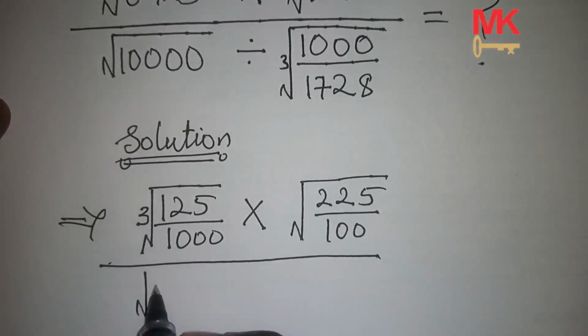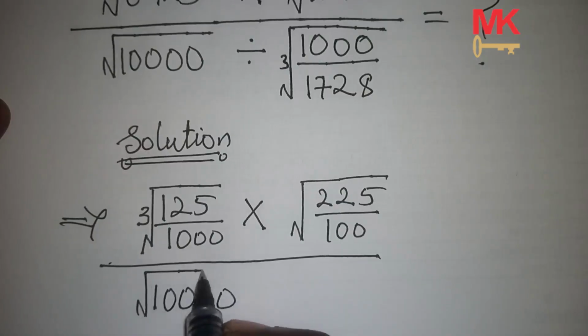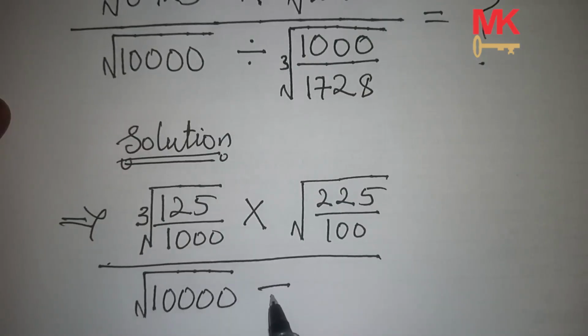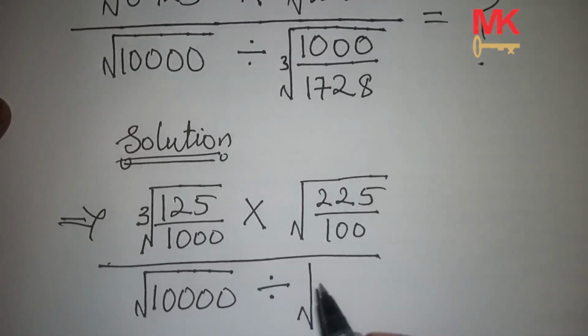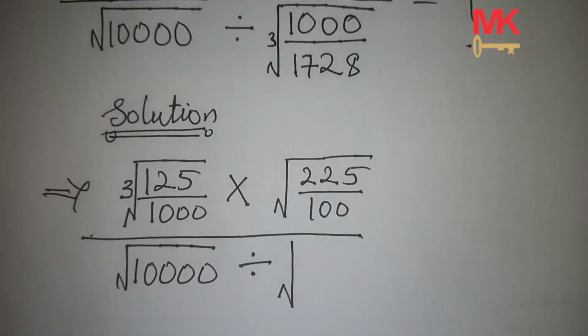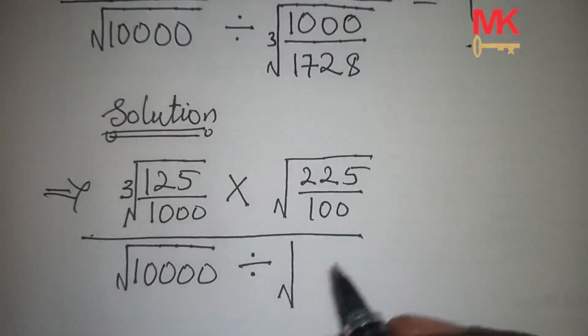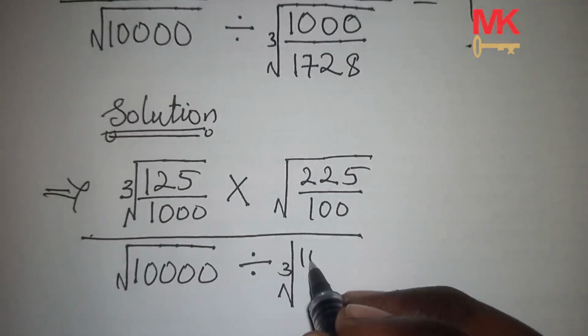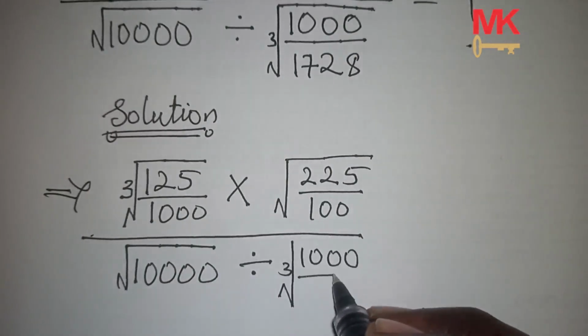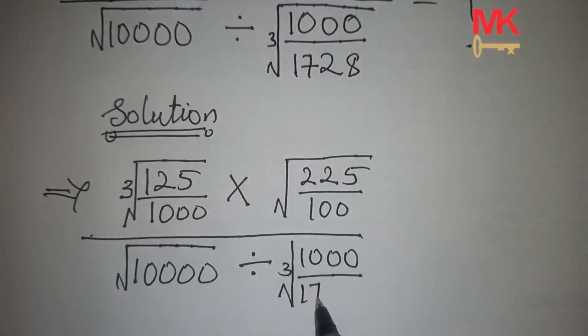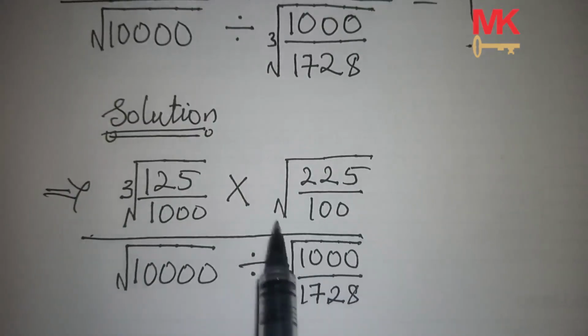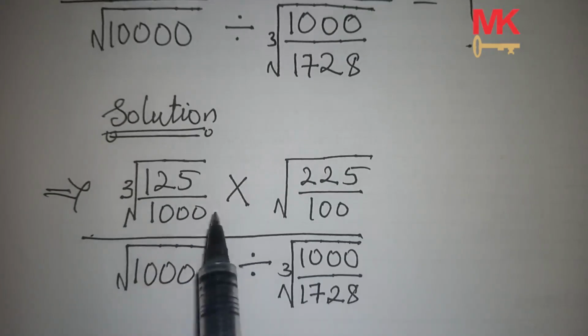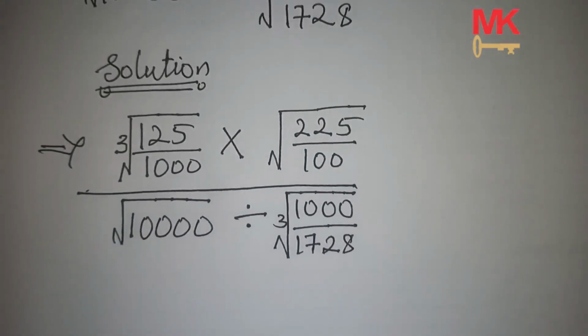So we have 10,000 divided, this division operation, by what we have here, this 1000, that's the cube root of 1000 divided by 1728. Okay, so from here you can see that everything is now in whole numbers.